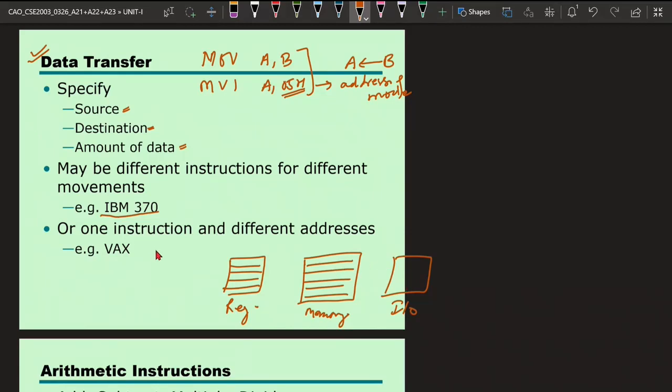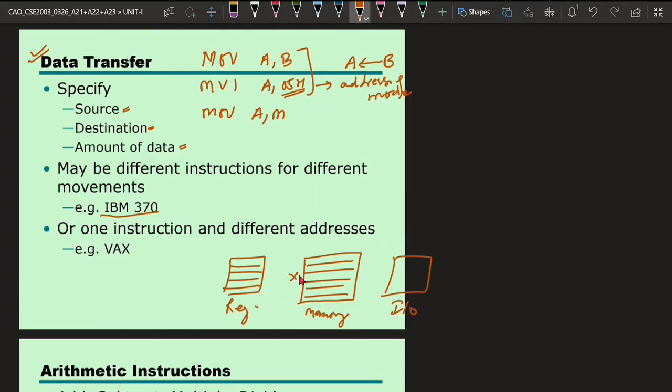When we move data from one location to another, we use the move instruction. Suppose this is the memory location X. If we want to move the data, MOV A comma M is used, where M stands for memory.